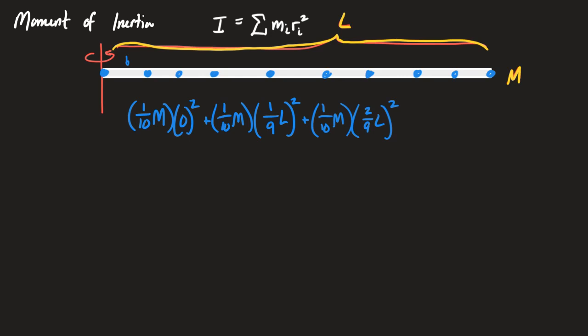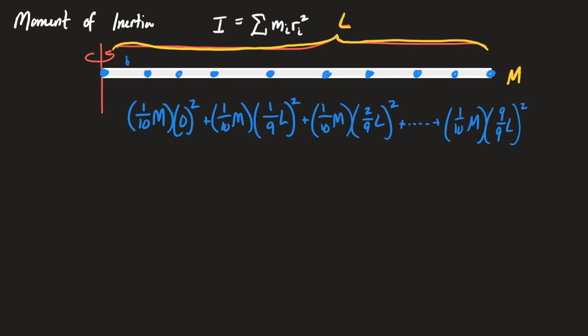We're going to have 3/9 L, 4/9 L, 5/9 L, all the way to the last piece, which will also have the mass 1/10 m, and will be 9/9 L away. I know I could write that as 1 L. I need to leave it as this so that we can find a simpler way to do the work on this.